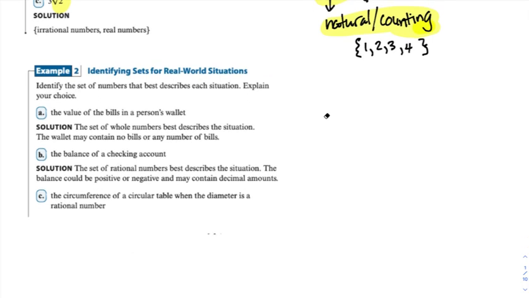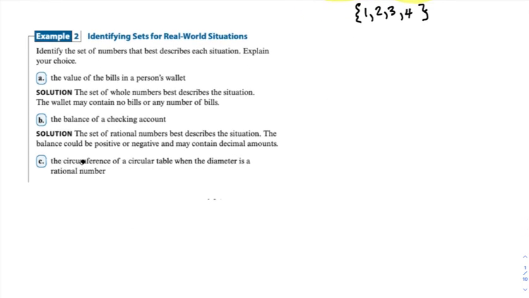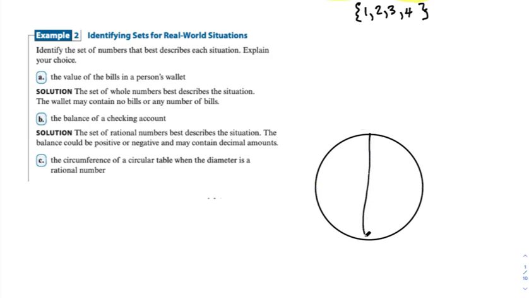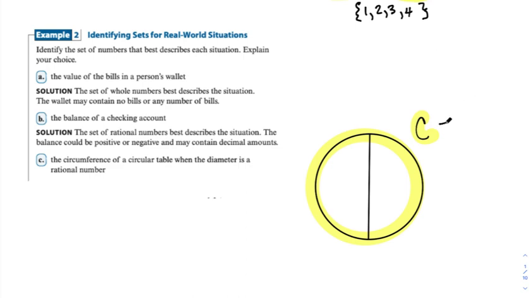And finally, this last one, the circumference of a circle table where the diameter is a rational number. And so let's think about it. You've got a circle table, something like this, and the diameter is a rational number. And so what we know is that the circumference, that's this edge on the outside, the length of that, is going to be equal to pi times the diameter.